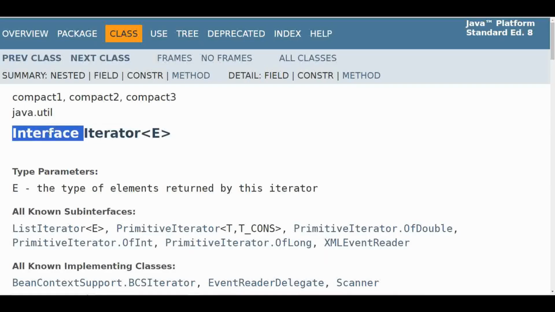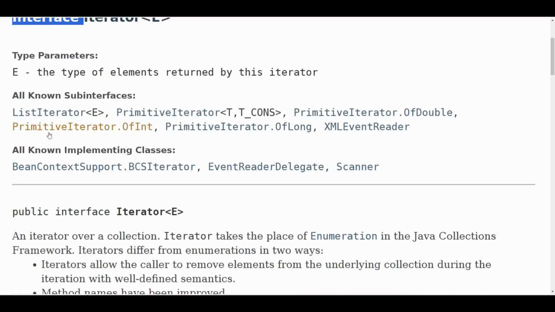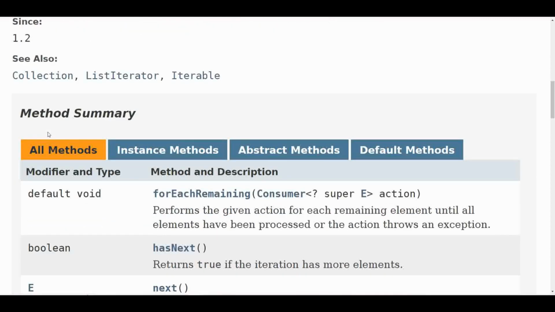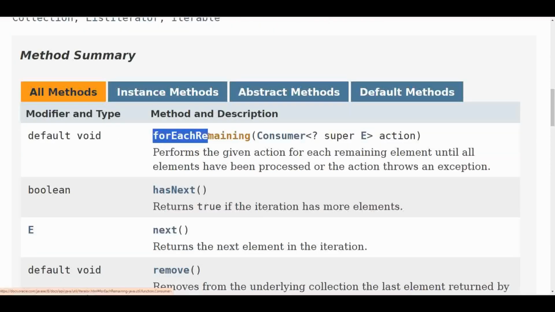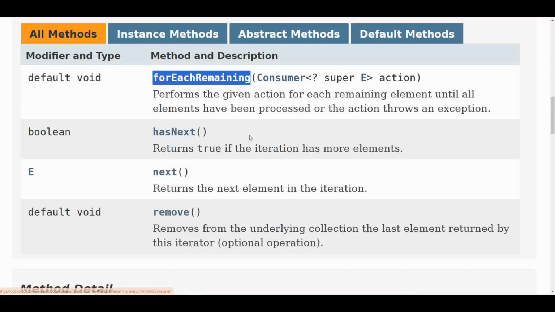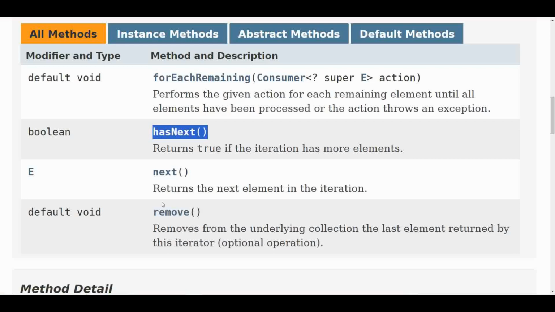Iterator is an interface, which means here we will have abstract methods available. What are the methods? You can see there is forEachRemaining, so this is a method. And hasNext, this is another method. Next will give each and every element each time.